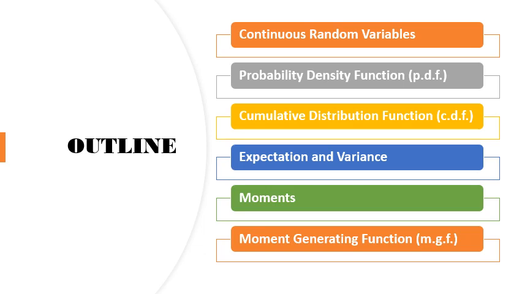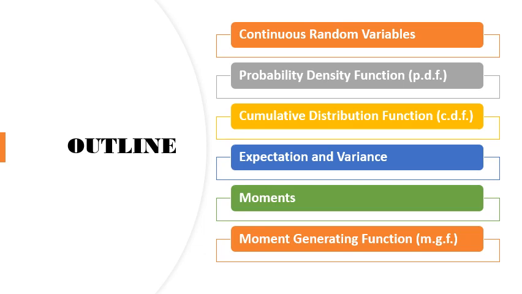The first part will be how to define the continuous random variables and what the differences are between the discrete and continuous random variables, and also what is the difference in defining the probability distribution of the continuous random variable, which is the second point before us, called the probability density function.